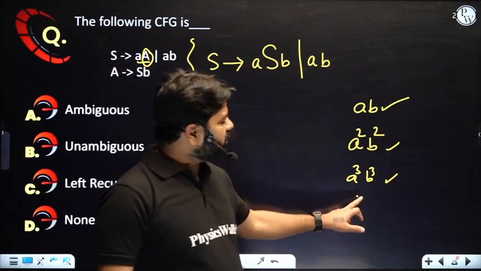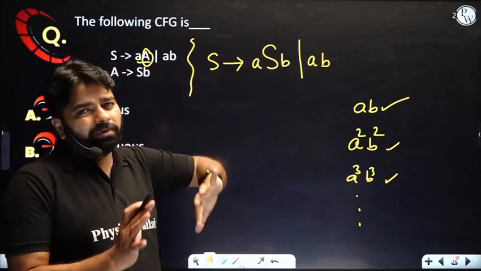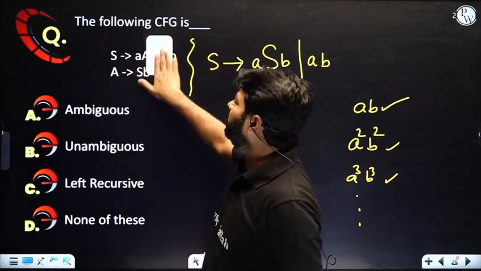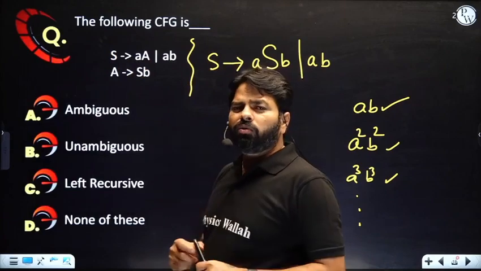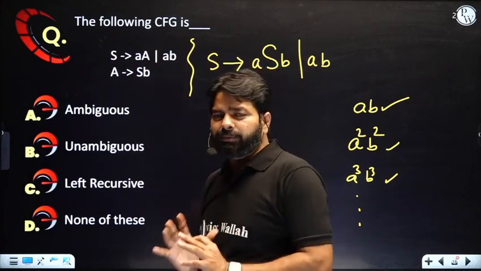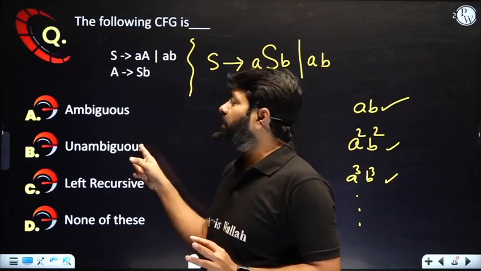You keep on substituting. Here it takes fewer steps, but here it will take more steps. Just to save my time, A has only one job, so I just substituted that. In place of capital A, I just put SB, but it is not going to change the type of grammar, ambiguous or unambiguous.